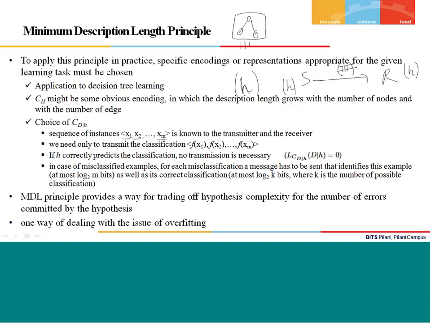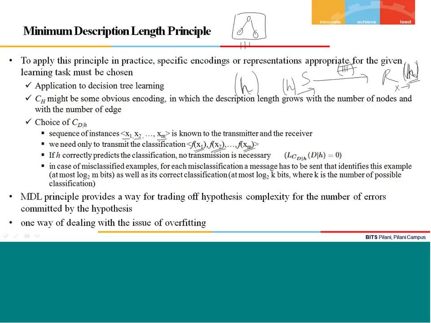Now if you want to send the classification accurately, because he knows the hypothesis, he doesn't need to send every classification to the receiver side. He needs to send only those examples which are actually misclassified, because the correctly classified examples, the receiver can classify using the hypothesis he has.